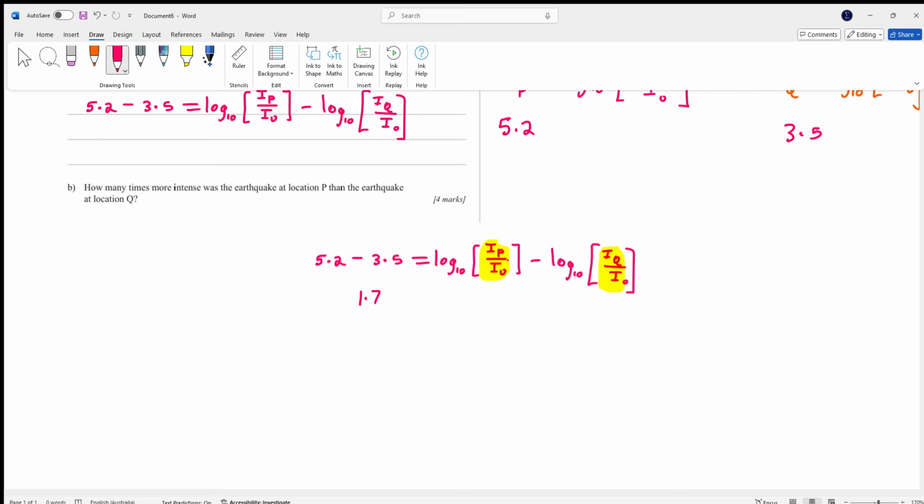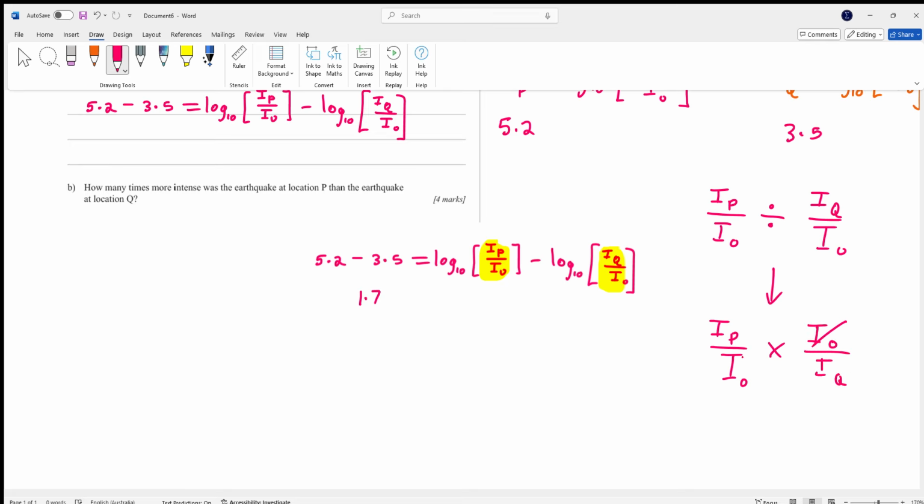Now here, when you're subtracting logs, you divide the inside. So realistically, we have IP over I0 divided by IQ over I0, which is the same as IP over I0 times the reciprocal of this, I0 over IQ.